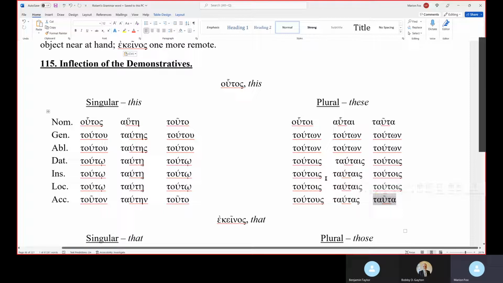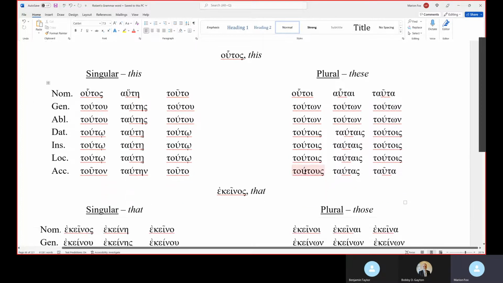Again, your genitive ablative for all three are the same, and your dative instrumental locative, masculine and neuter are the same. Of course, your accusatives are different. Any questions?